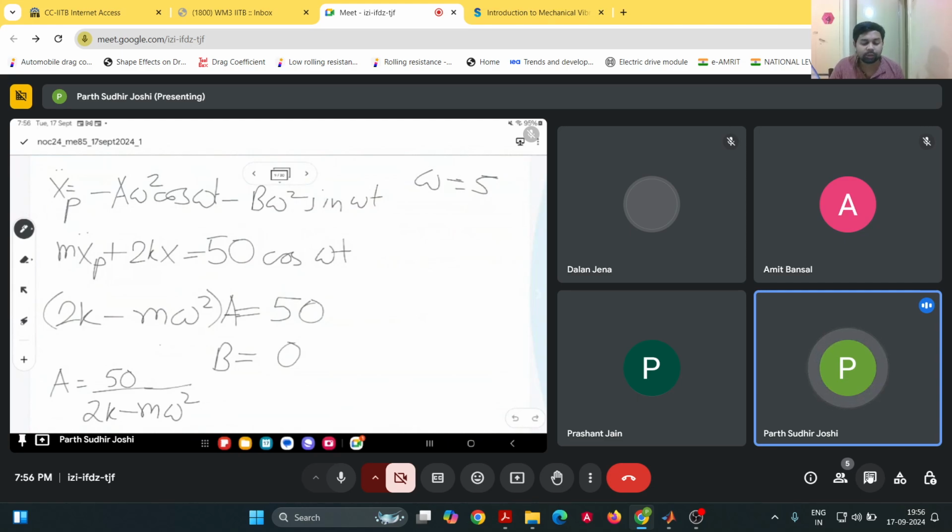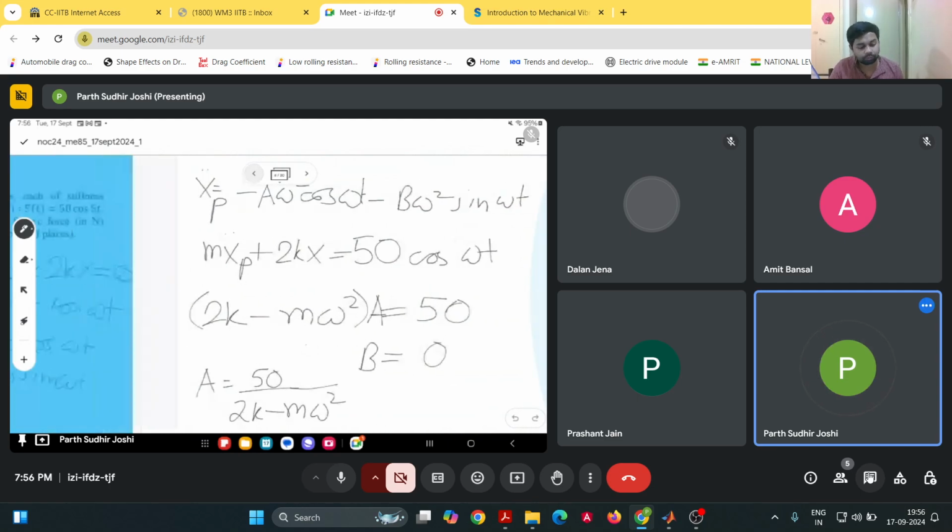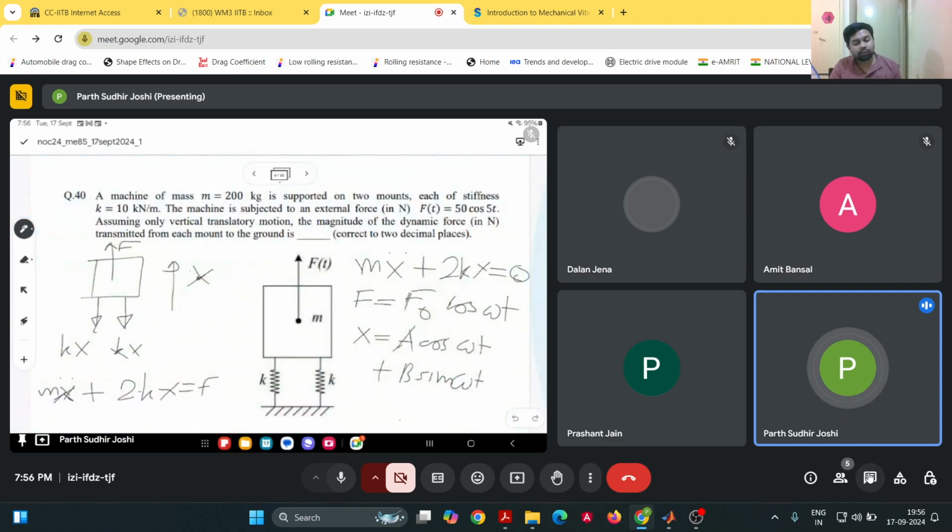Similarly, because it's a simple single degree of freedom system which is undamped, we know the free vibration response also.